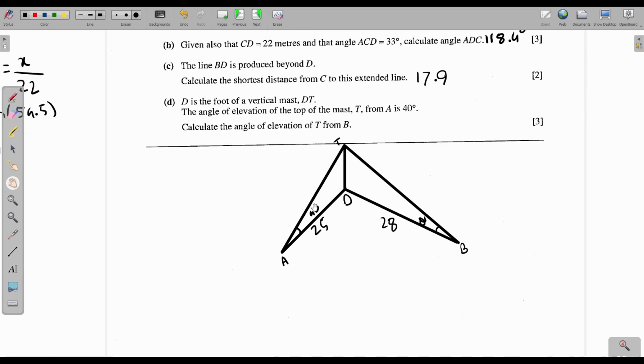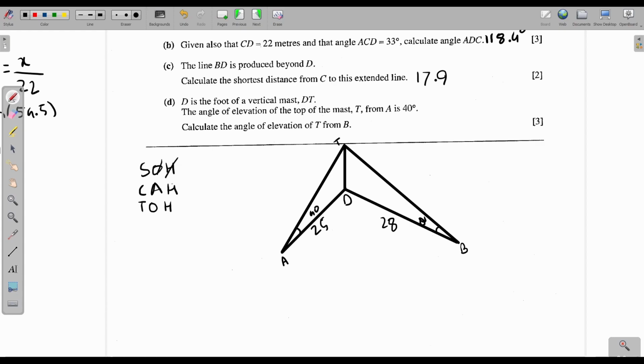What we can do is again use SOHCAHTOA to first find DT. Here we don't have an opposite and we don't have a hypotenuse.